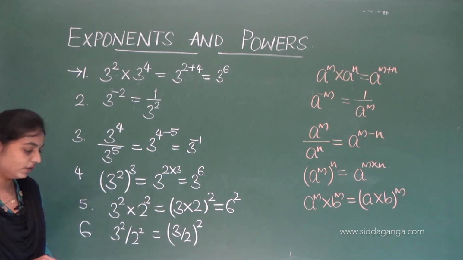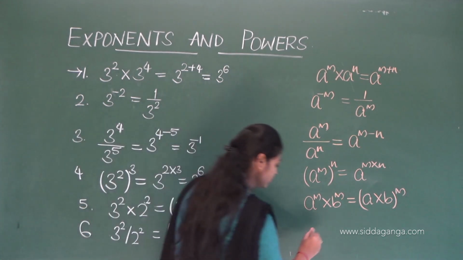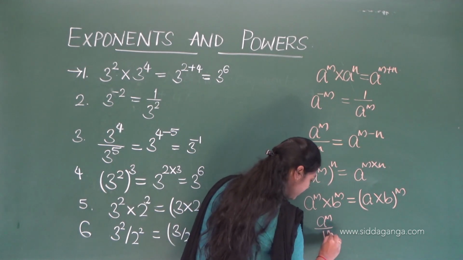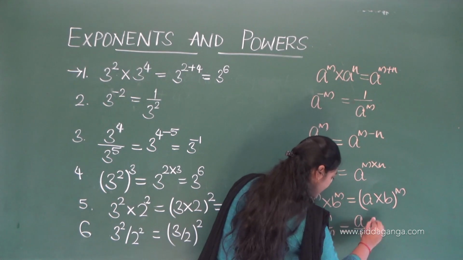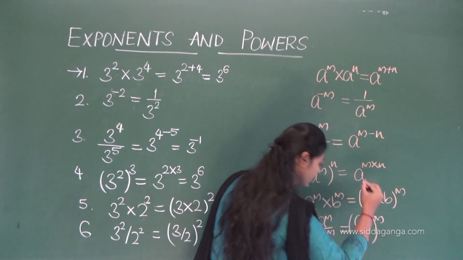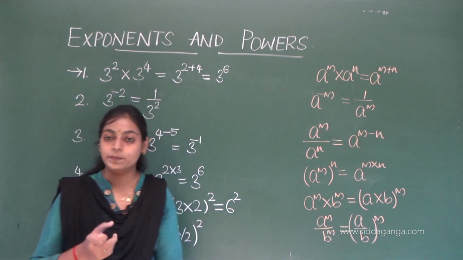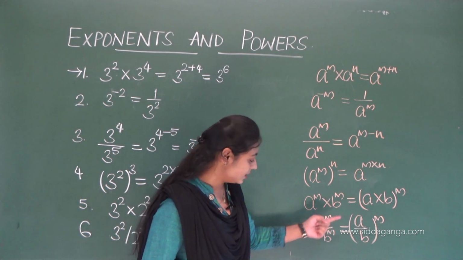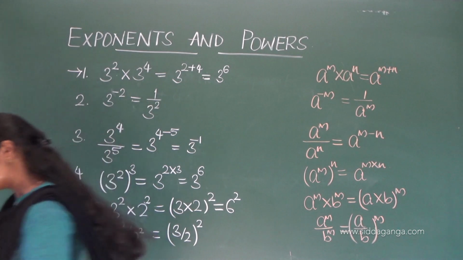So we can directly write whole to the power of the exponent. That is, a to the power of m divided by b to the power of m is equal to a divided by b whole to the power of m. So a and b have different bases, the exponents are similar, so we can write a divided by b whole to the power of m.